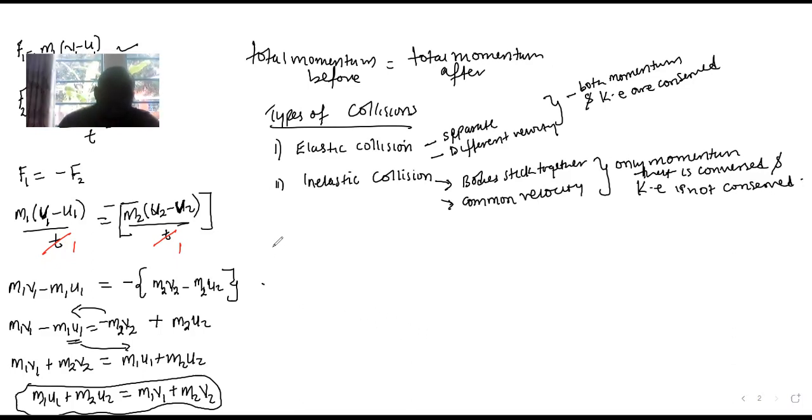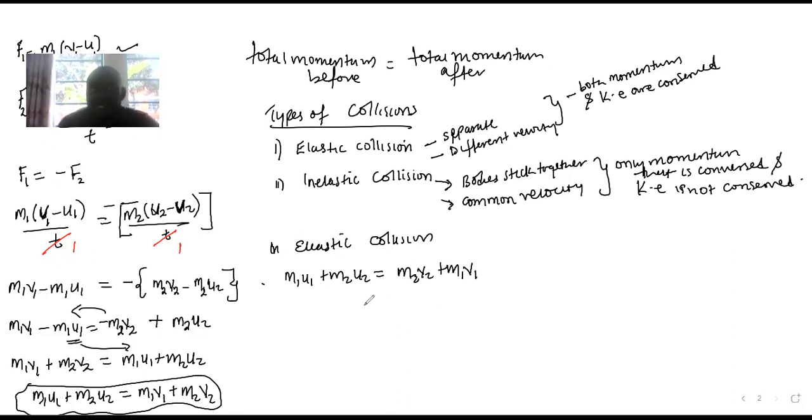Let me first look at the elastic collision. We have said both momentum, which is M1 U1 plus M2 U2, are conserved. This is what they mean by saying momentum is conserved: the momentum before is equal to the momentum after. Then also kinetic energy is conserved. So the kinetic energy of the first body before plus kinetic energy of the second body before is equal to their total kinetic energy after.